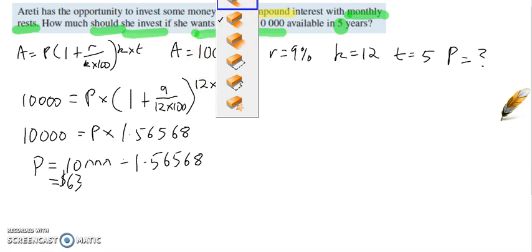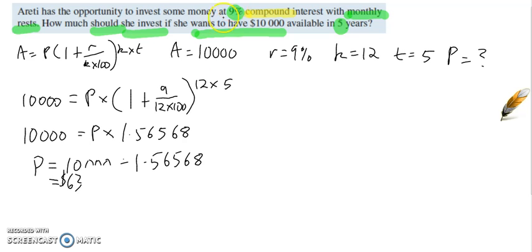Whoops, a bit too big of an eraser. Okay, so you should get $6,387. Remember, read the question again. So yeah, it's asking you how much you should invest, and you need to write a statement.